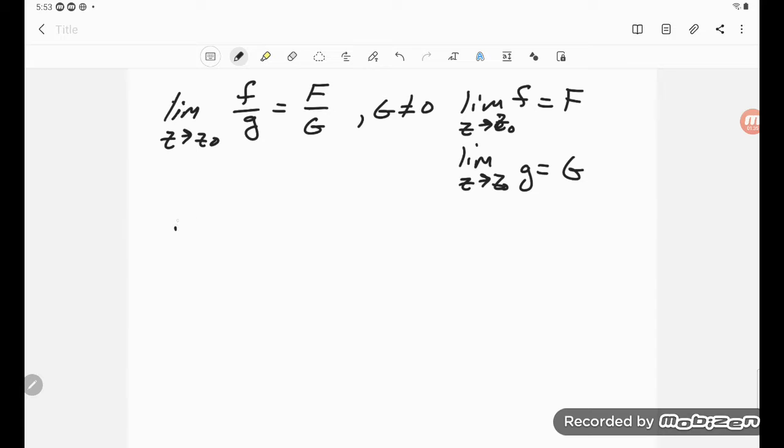So let's look at that. Let's look at the limit as z goes to z0 of 1 over g of z equals 1 over big G.